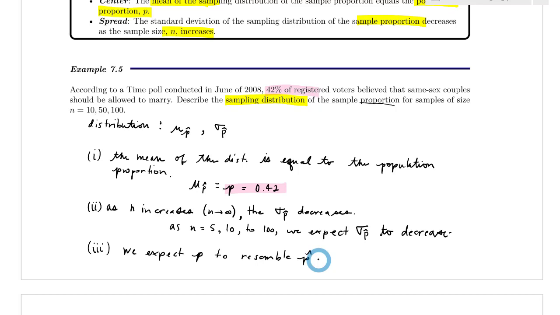Well, that's similar with proportions. So these are the three things that we're going to discuss when it talks about sampling distribution. We'll always have the mean with respect to the sample proportion as the population proportion. And our standard deviation, we can only assume that as my n increases, this will decrease. And that means that we'll probably end up dividing by that square root of n somewhere.